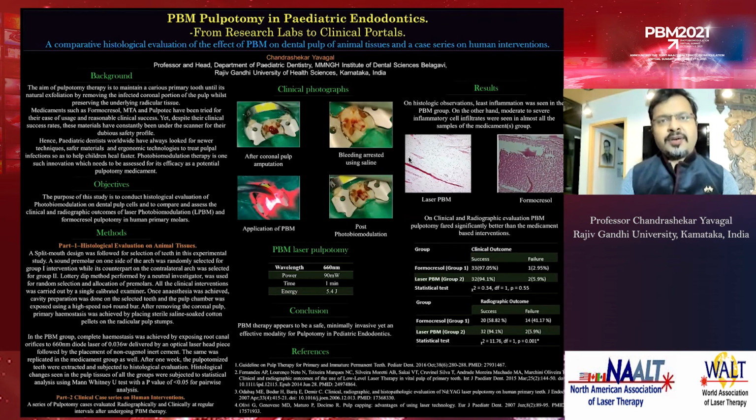Then, based on the encouraging results that we got, we did a human clinical trial and also followed up by a radiographic evaluation of those human pulpotomies done on children. So in the first method, we did the histological evaluation and we got very good results. You can see on the screen that when you compare laser photobiomodulation with formocresol, the laser group.